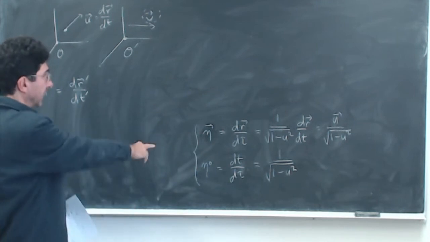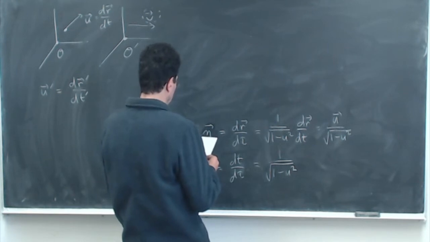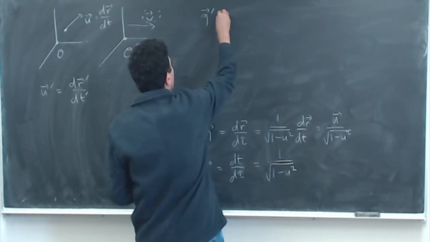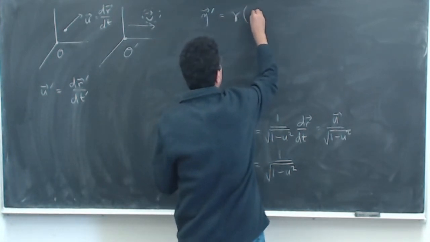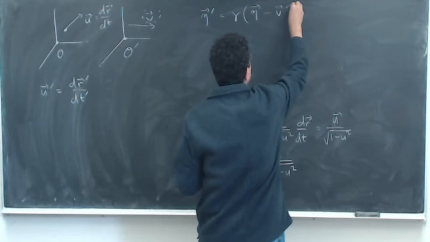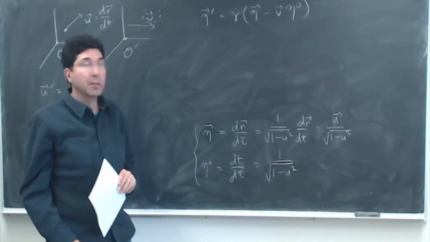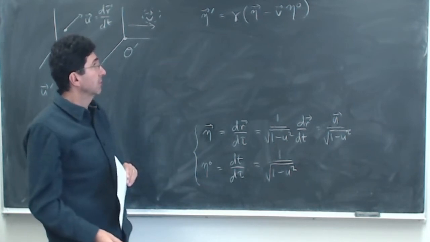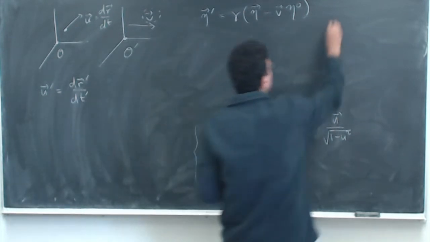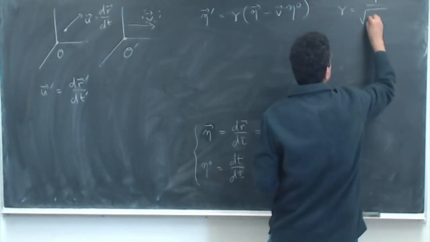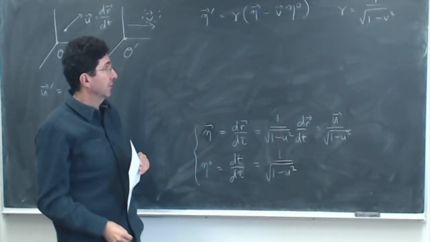So we do the following. We just use the fact that this eta transforms as a 4-vector, and that tells us 2 things. That tells us that eta prime, the vector component of this, is gamma times eta minus v eta 0. So this is the Lorentz transformation for the spatial components of a 4-vector, and gamma is equal to 1 over square root 1 minus v squared, where v is the transformation velocity between the reference frames.